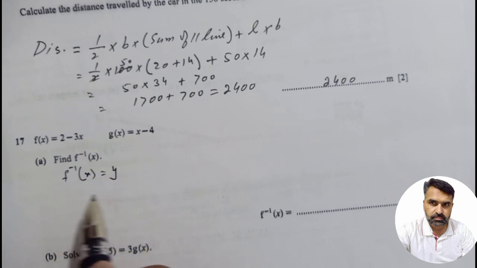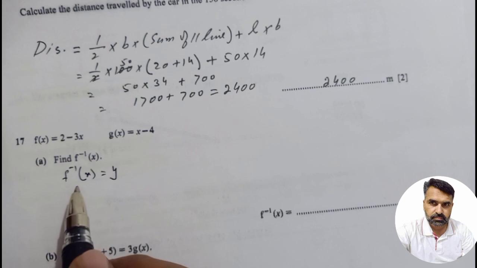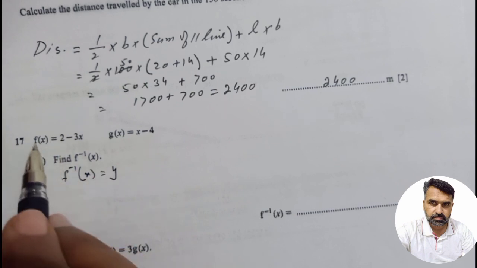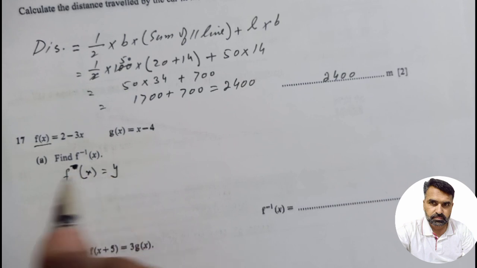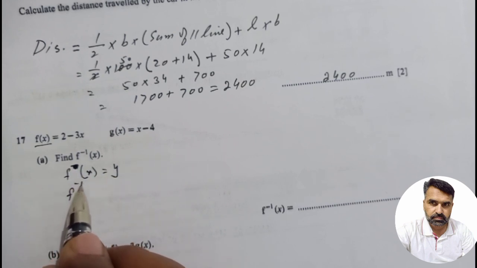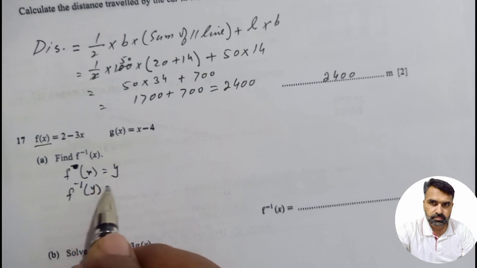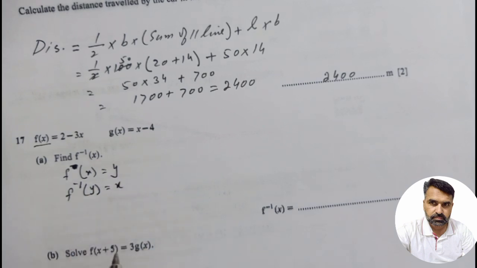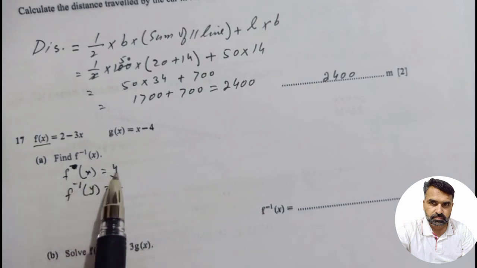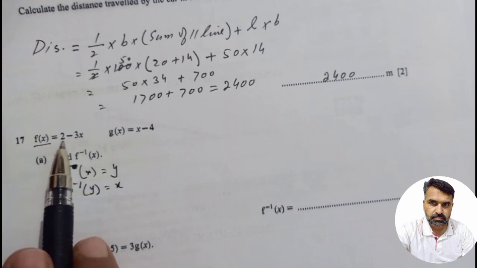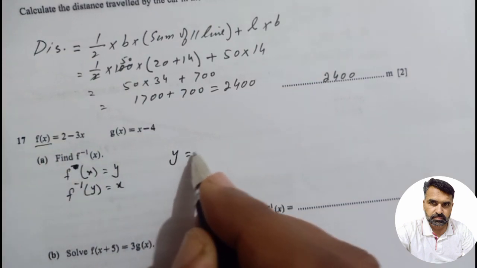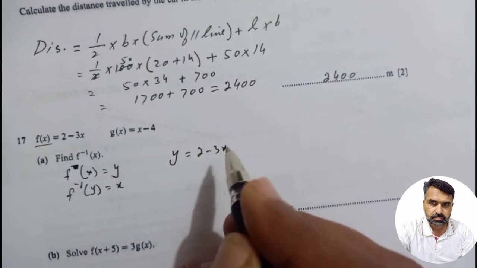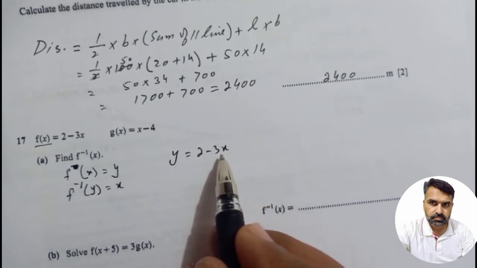So students, we have to suppose this f of x is equal to y. So f inverse of y will be equal to x. Now students, if f of x is y and f of x is 2 minus 3x, then y will be 2 minus 3x, and we have to find the value of x.